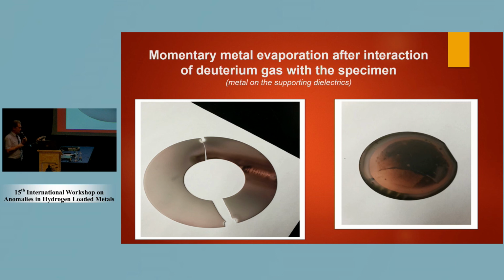Despite that, in the future I'm going to present the results assuming that the evaporation takes place for 1 second. And you can see here copper release on the wafer, copper release here also.